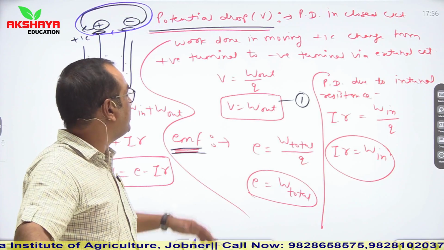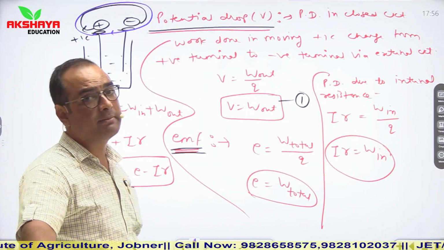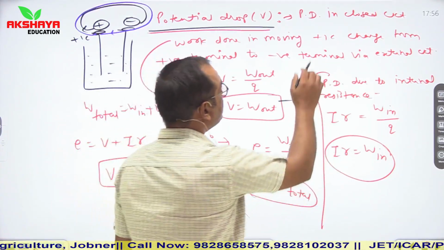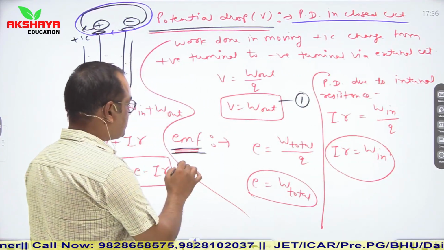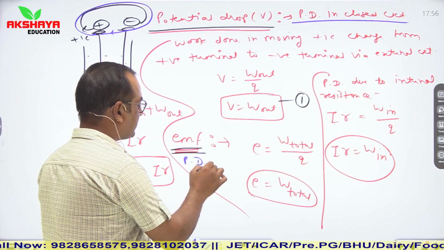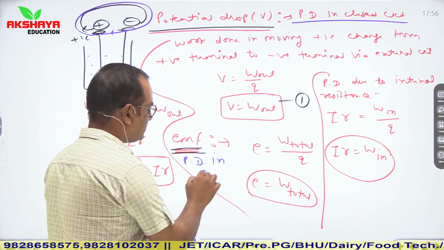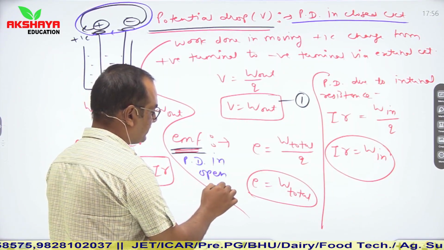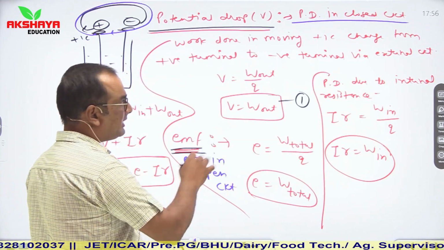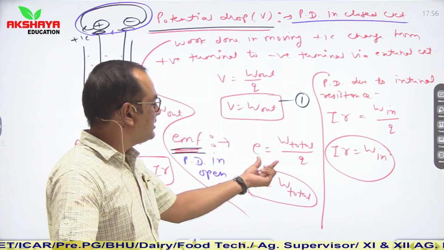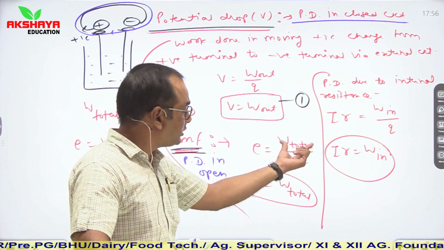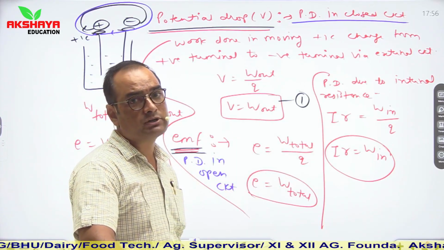In other words, we can differentiate them as: potential difference is in a closed circuit and EMF is potential difference in an open circuit. It can be explained in this simple term. So EMF is defined as the total work done in moving a unit positive charge.